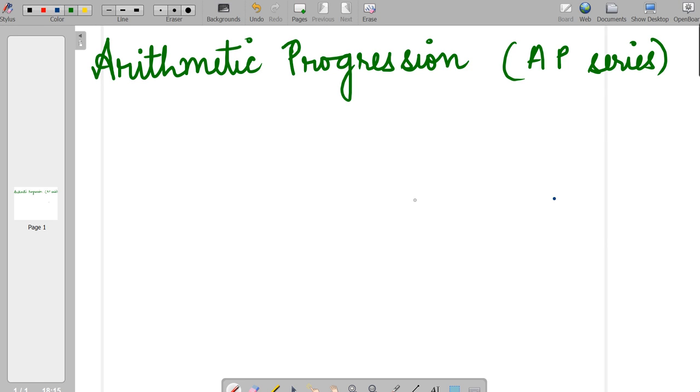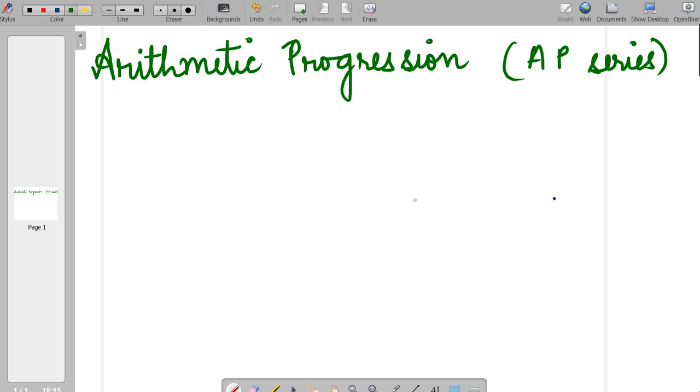In today's session, we are going to start a new module which is Arithmetic Progression or AP series. Now, as the name suggests, progression means anything which is going ahead, going in a forward direction.